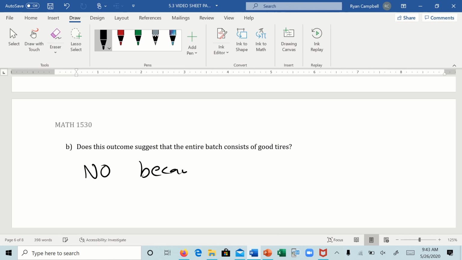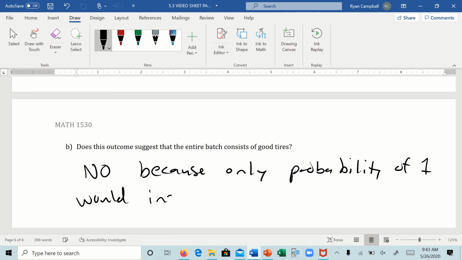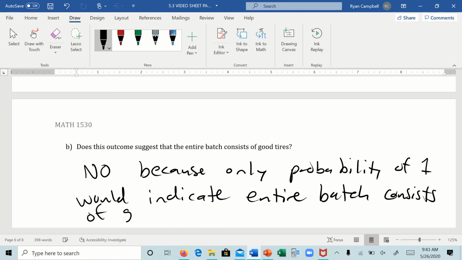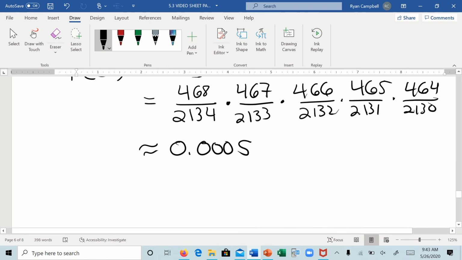No, because only a probability of 1 would indicate that the entire batch consists of good tires. And it is nowhere near 1, right? Way smaller.